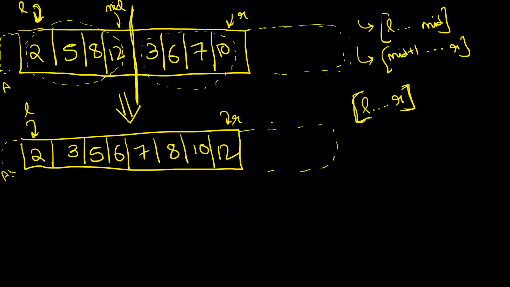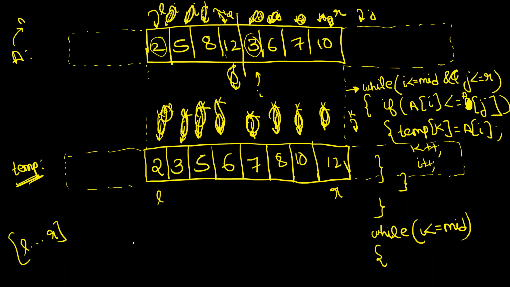So what I will do? I will iterate over this temporary array. So I will write a loop for, let's say int Z is equal to L. I will start from index L and go all the way till index R. Okay. So I will iterate over this array temp. And you know what I will do? A of Z is equal to temp of Z. So I will copy the elements.